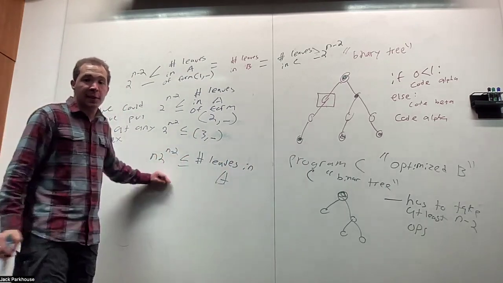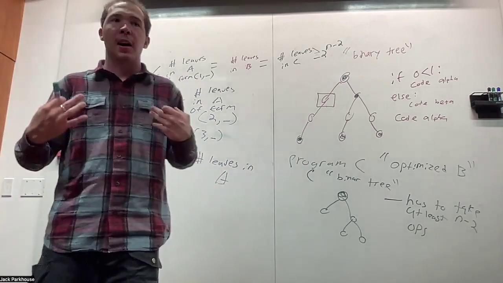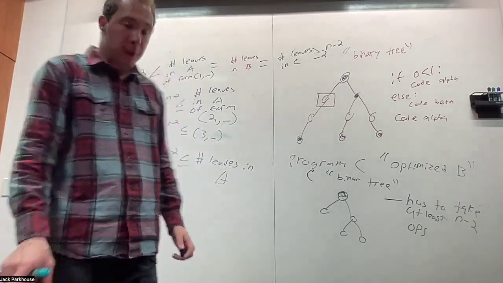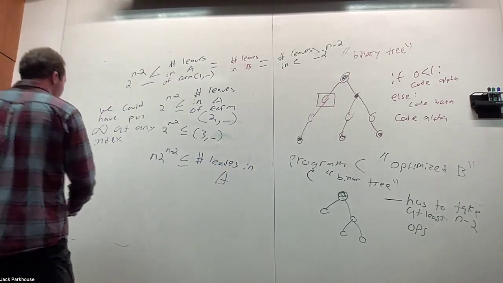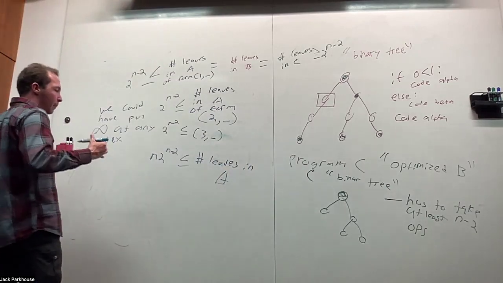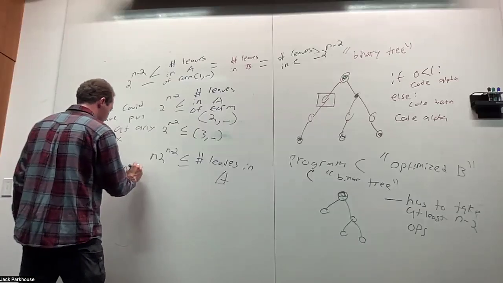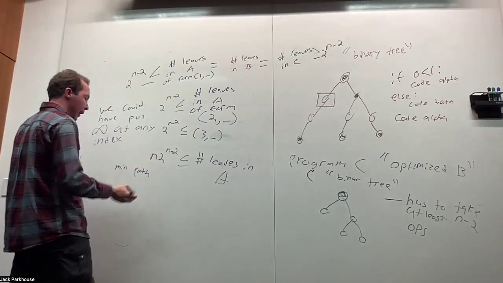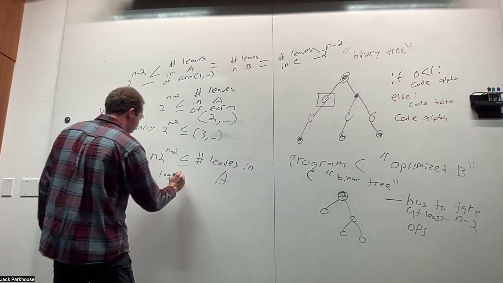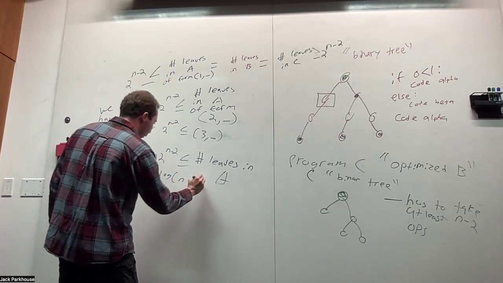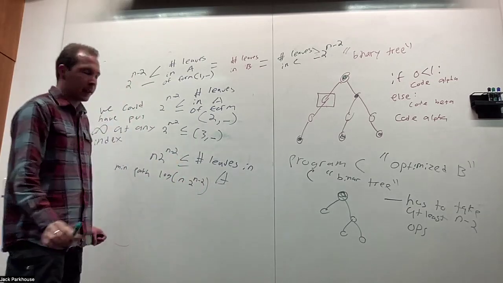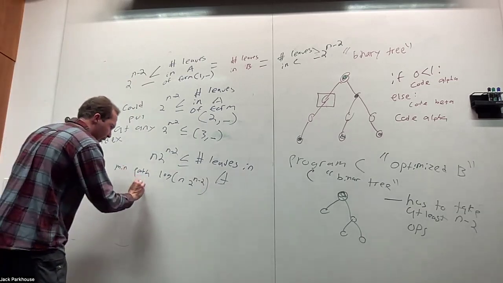And now this is how we can get a lower bound by just taking the log. So the min path, you take the log of n times 2 to the n minus 2, and then you get, what is it?